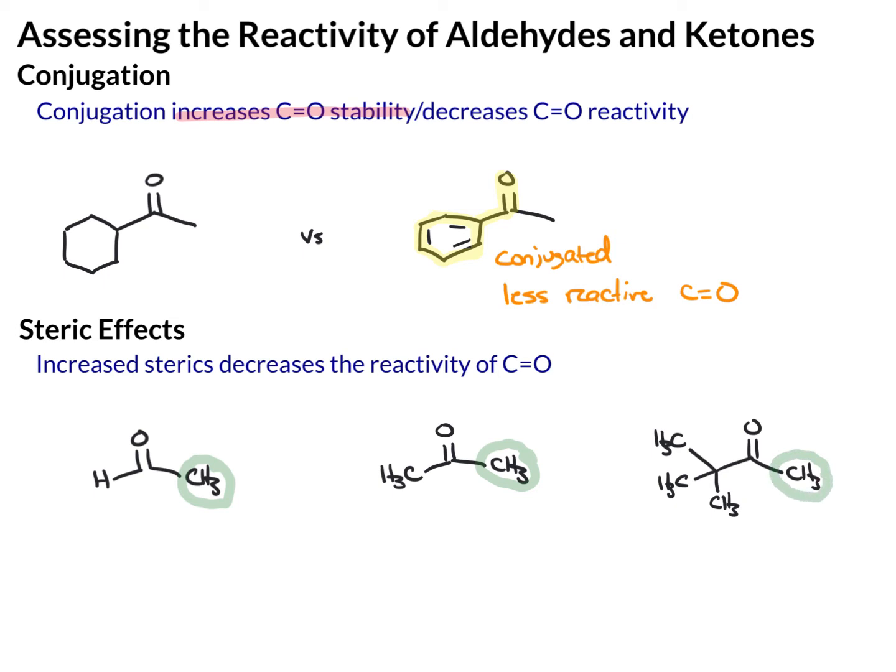But now, if you look at the other group that's attached, and think about the size of that group. A hydrogen, that's a pretty small group. So what that means in terms of a nucleophilic attack, if we take a nucleophile and you go to add that to the carbonyl, that's quite easy.